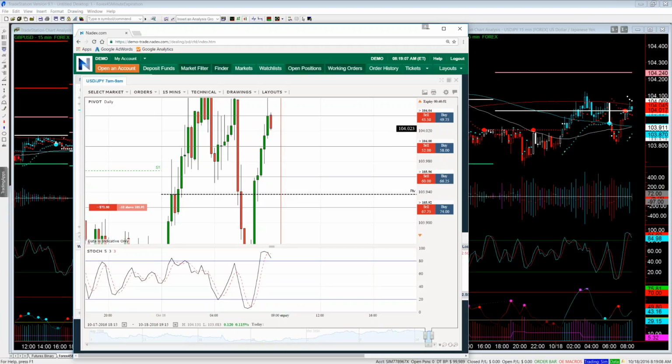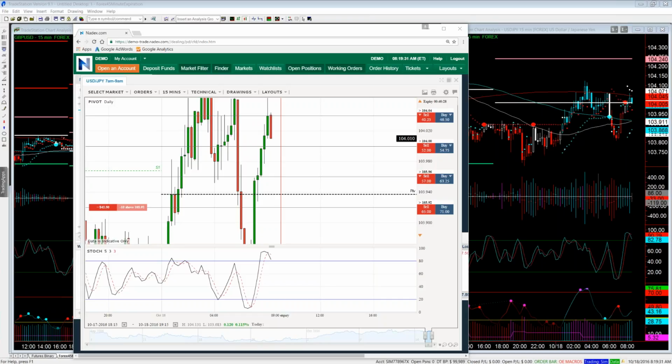Any questions so far? You know, just looking at the binary chart, I would want it to close below 104. Why? Because that gives me a 3-bar reversal.